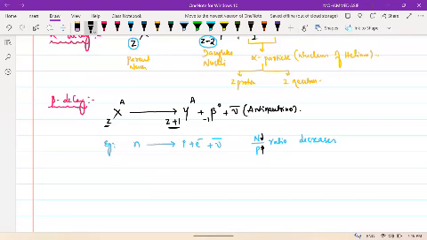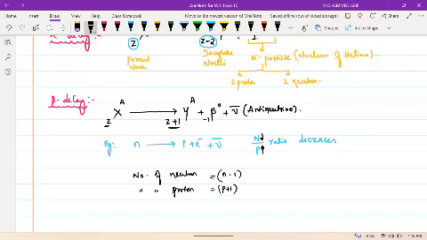The number of neutrons is A minus Z. If I have N neutrons, it becomes N minus 1, whereas the number of protons becomes P plus 1, because Z plus 1 is increasing.